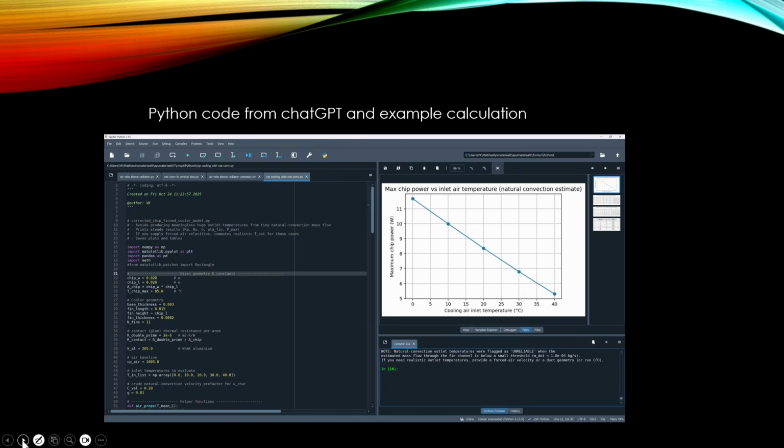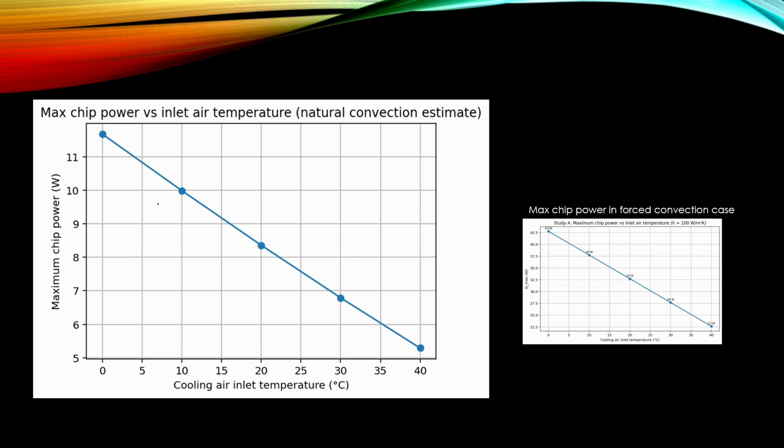I asked for Python code from ChatGPT, and using that code I calculated this natural convection case, and the results are shown here. So depending on this cooling air inlet temperature, the maximum power of the chip is at a level of 5 to 11 watts.